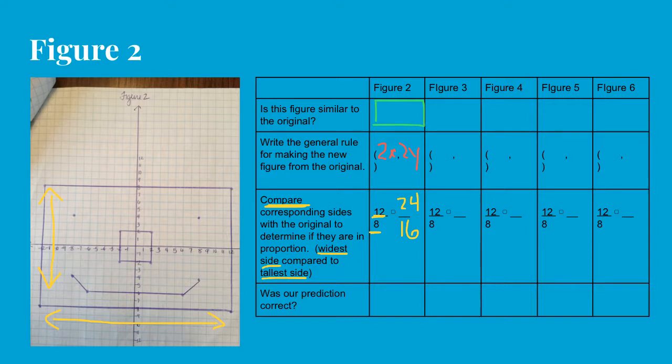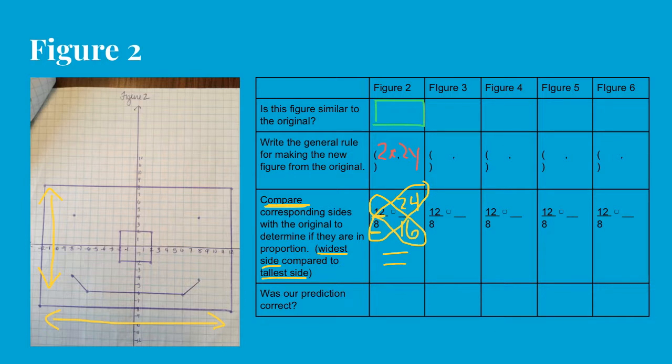And so let's think back to our proportion work. Whenever we have a proportion, if it is equivalent, I should be able to cross multiply. I should be able to take 12 times 16 and get a number, and take 8 times 24 and get a number. And if those numbers are the same number, those ratios are in proportion. And it so happens that these are equal.